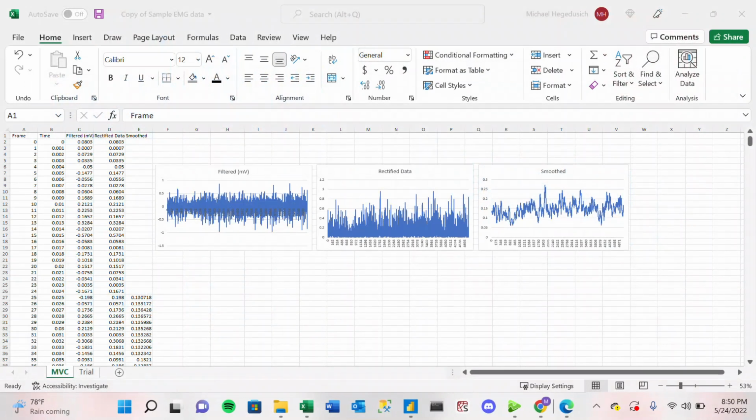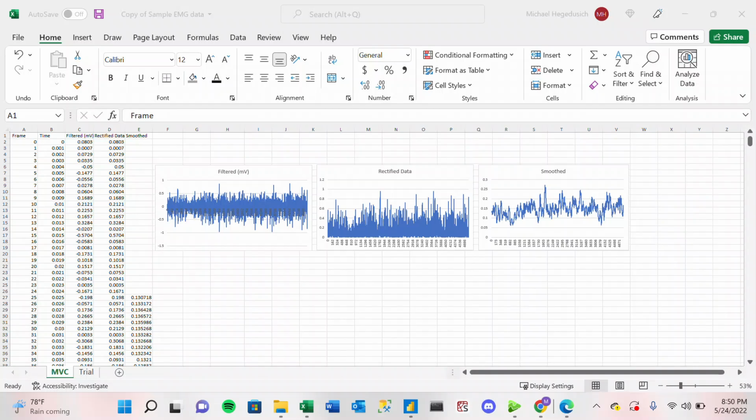What we're taking a look at here is some of the MVC raw data that we collected for the EMG study. We have the frame, the time, the filtered data in microvolts, the rectified data, and then the smooth data. The filtered data is just the raw data that comes straight from the EMG sensors.